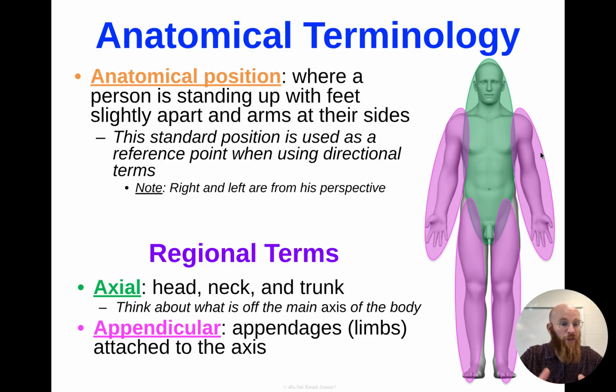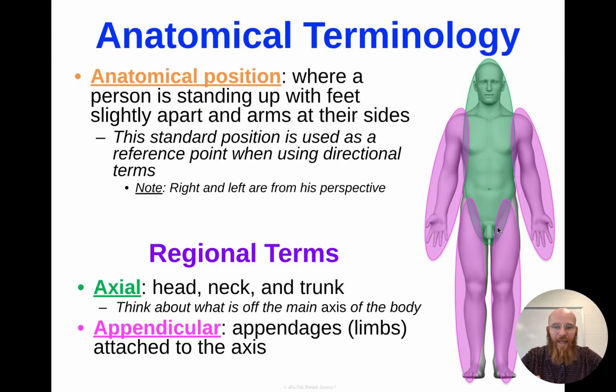And we have some key regional terms. These are very general. We have our axial region, which is circled here in green. This is referring to the head, the neck, and the trunk. Think about what is on the main axis of the body, right? So head, neck, and trunk in this main axis or axial region, okay?